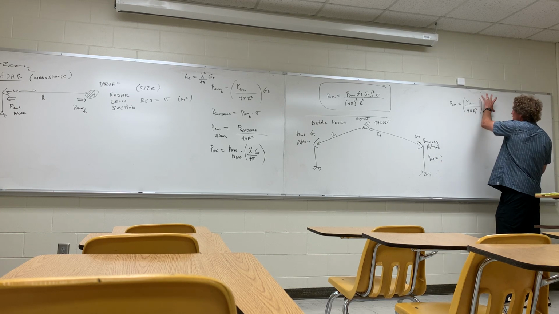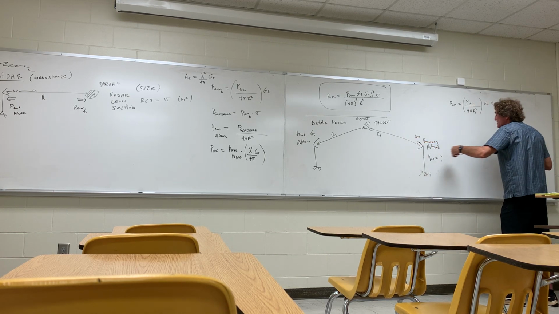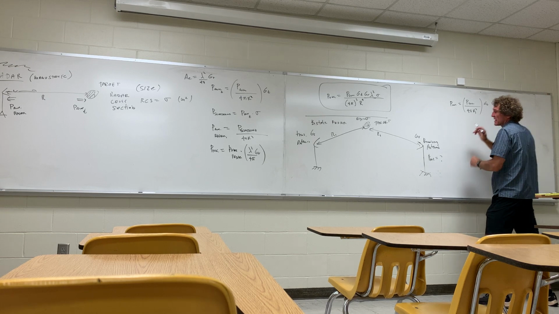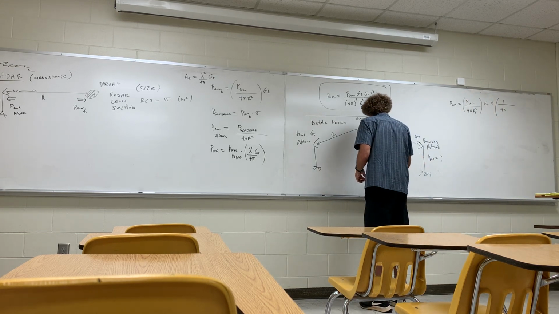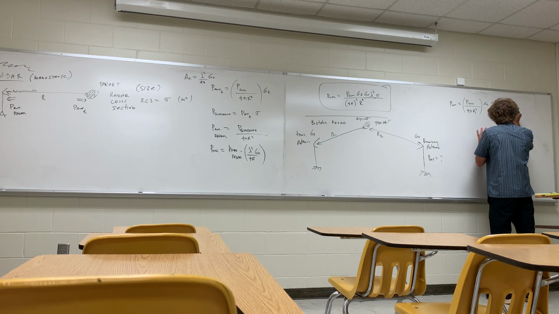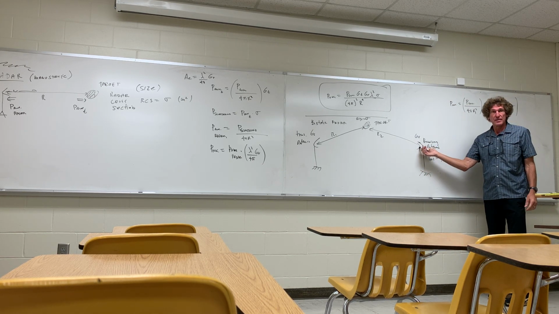Now that's the amount of power scattered. Now I have to take that and it falls off isotropically. I've got to divide this by 4 pi, and I had R1 here, which should be R2. R2 squared. Now that's the power density back here.